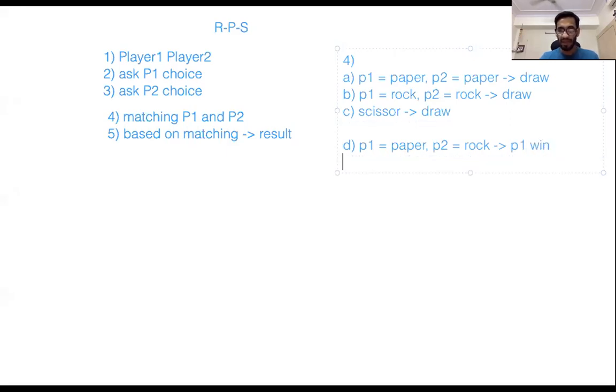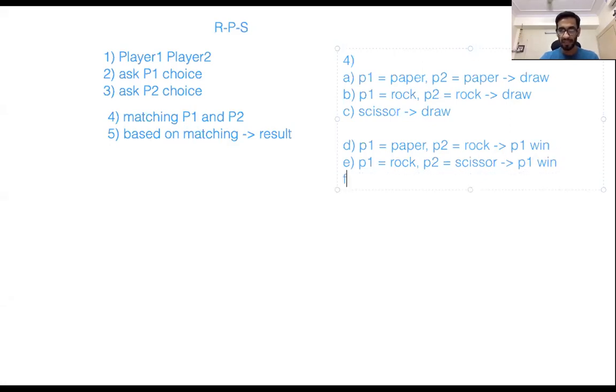And if P1 chose rock, then what does P2 need to choose in order for P1 to win? Right now we are just defining all the conditions where P1 will win. So P1 has chosen rock, P2 has chosen scissors. In this case also, P1 will win.